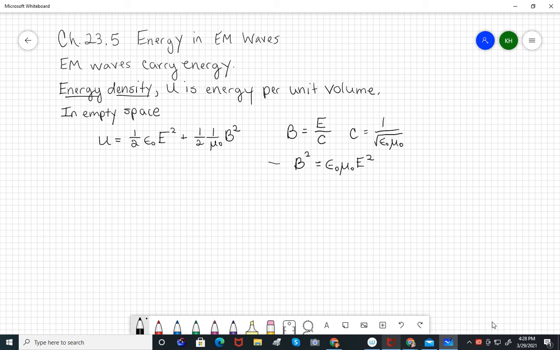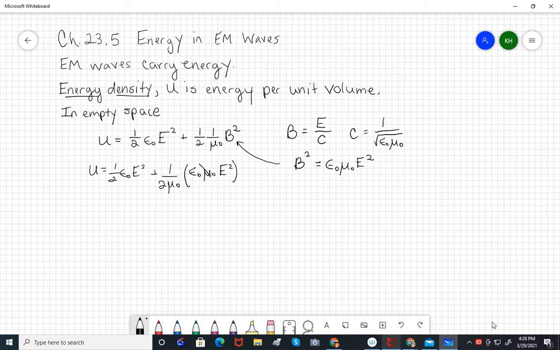If I plug that in, then the energy density is 1/2 epsilon naught E squared plus 1 over 2 mu naught times epsilon naught mu naught E squared.